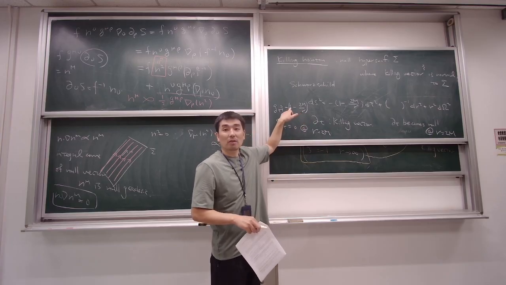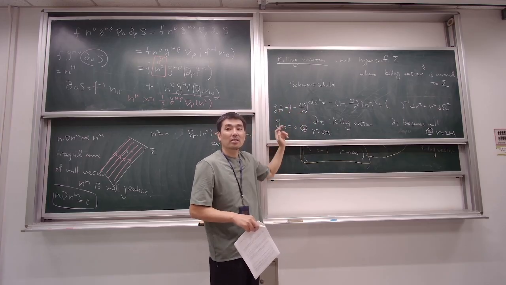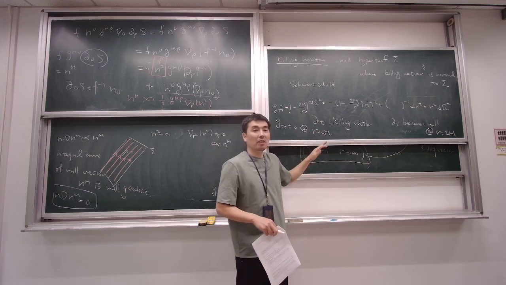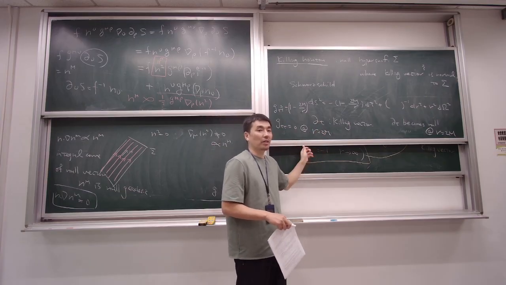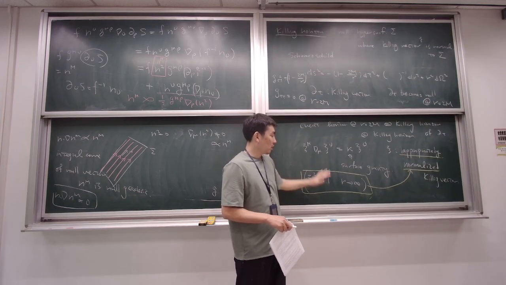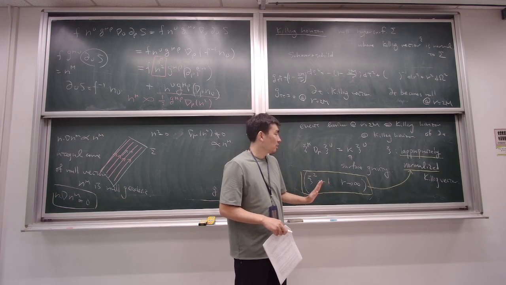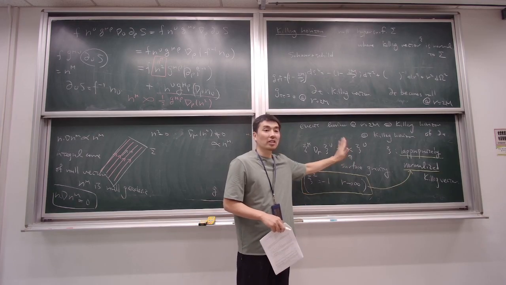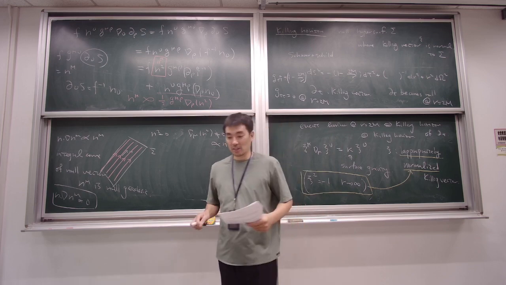So ∂_t is an appropriately normalized Killing vector in this case.